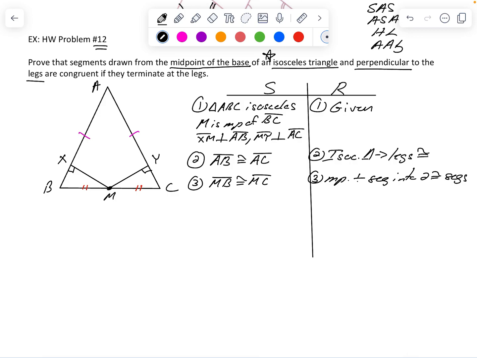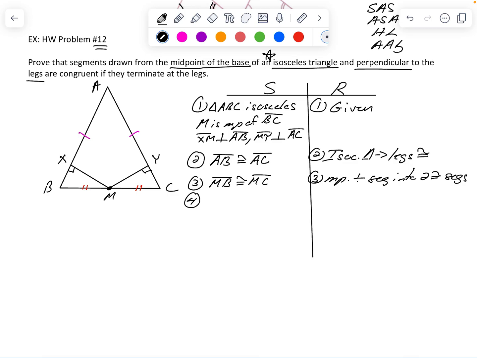All right, so now let's see. We haven't talked about the right angles yet. Let's maybe talk about that, because remember to use angle side, which I assume we're going to use since it's new, we have to say the angles are congruent.